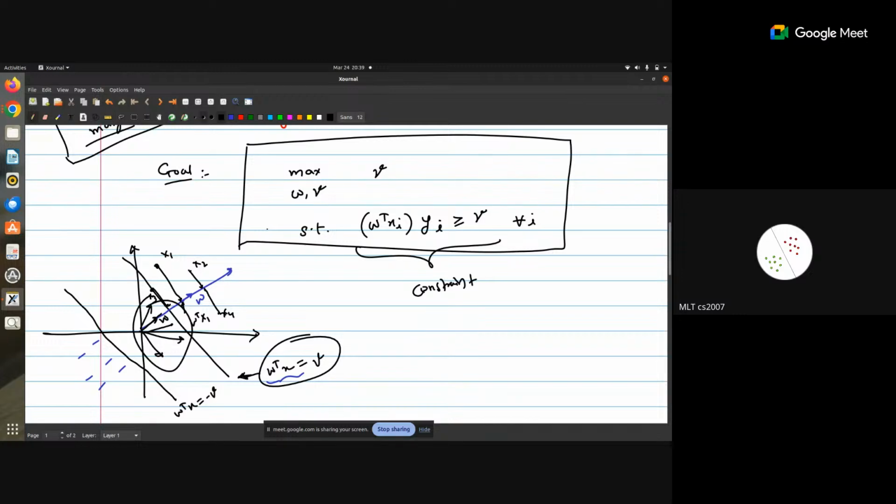But since we are maximizing the gamma, which is dependent on W, as my W increases, let's say 2W, 3W, that will lead to an increase in my gamma, and mathematically, since I'm maximizing this gamma, that should go to infinity, right? So I don't want to do that.